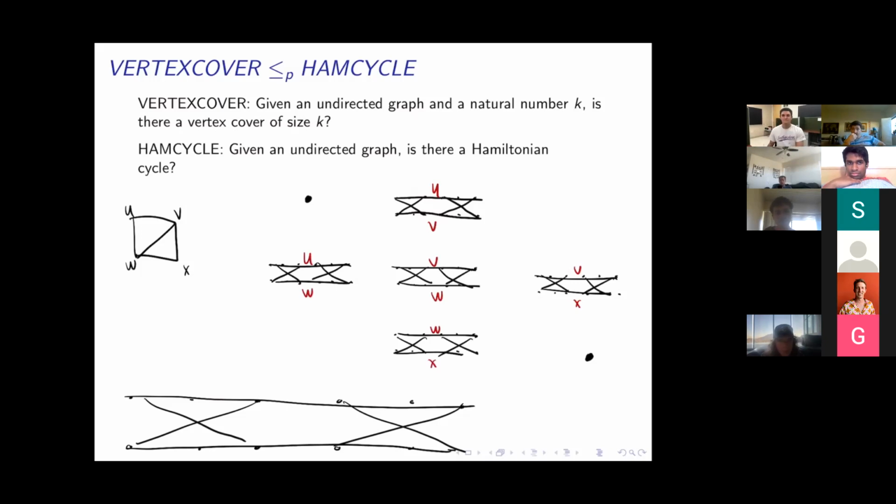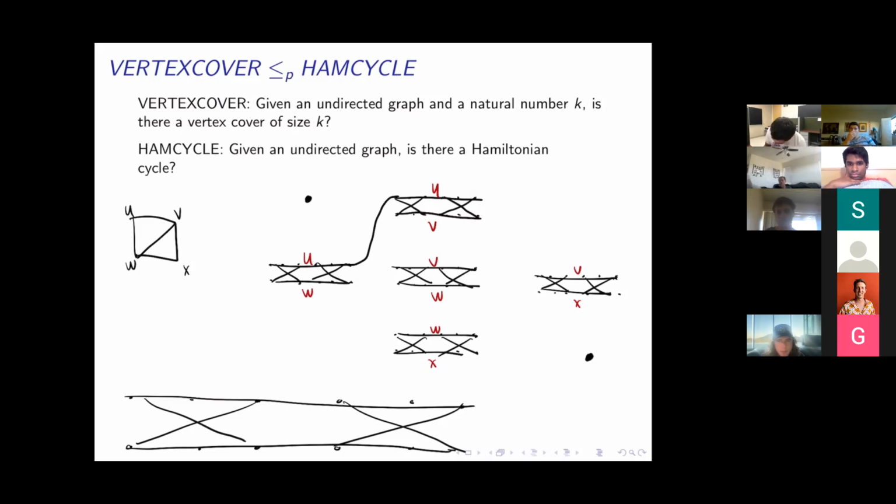Now that we're thinking of it like this, for each vertex in the original, for each of U, V, W, and X, I'm going to connect all of the edge gadgets that correspond to that vertex. So I connect the U to U, and since there are only two edges coming out of U here, that's all I do.